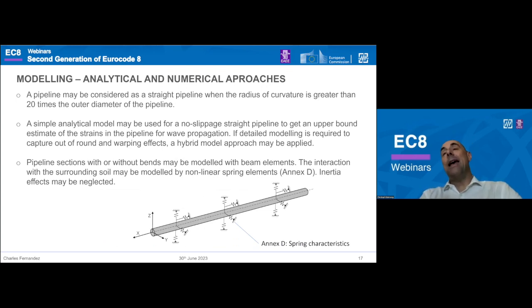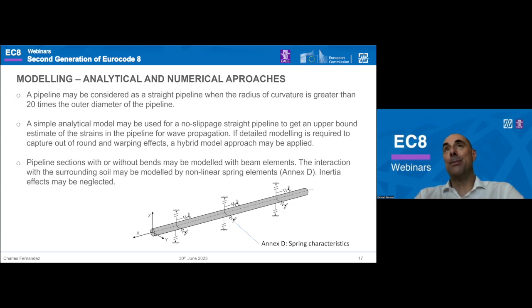So if we have to set up a numerical approach, as I already mentioned, then we need a calculation model. If we check the research activities, there are several different model approaches available. But we think within the code, we should try to keep it as simple as possible. So the recommendation is to use a simple beam model with connecting springs, and the springs should represent the surrounding soil.